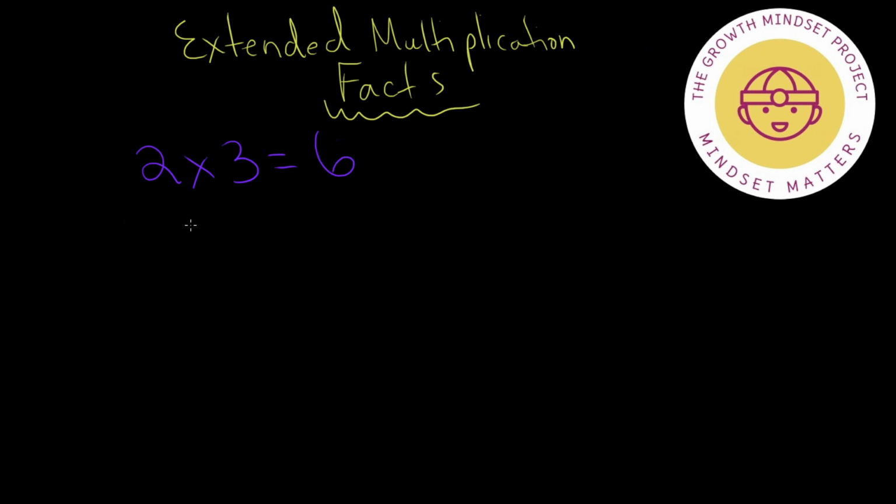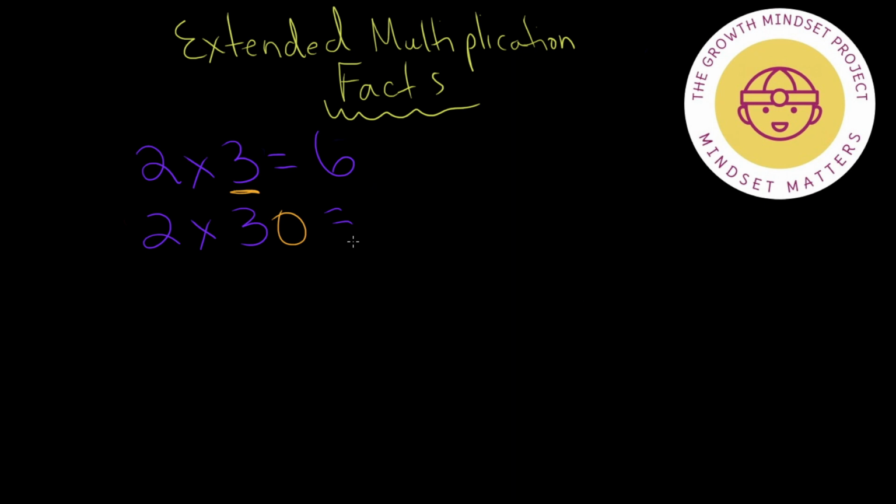But what about if we extended this fact? And when we say extended, we just mean make it bigger. So the easiest way for us to make it bigger is to add a 0. Okay, it's to add a 0. So now we no longer have 2 times 3. We have 2 times 30.